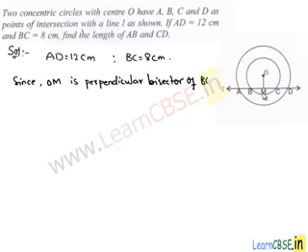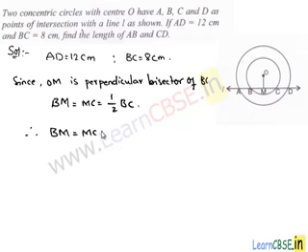Since OM is a perpendicular bisector of BC, we have BM equal to MC, which is equal to half of BC. We are given BC, so we can find out BM and MC. Therefore, BM or MC is equal to half of 8 centimeters, which is 4 centimeters.